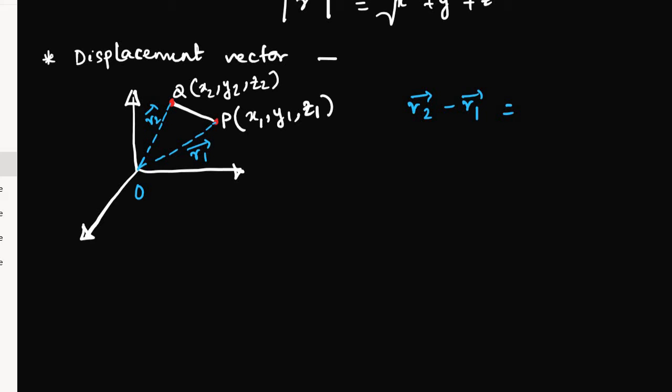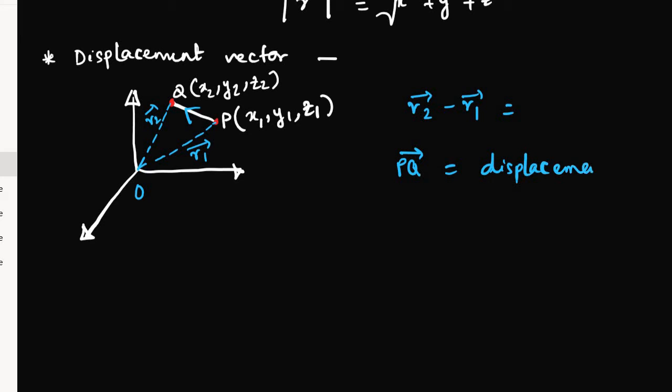When I am subtracting vectors, you must understand vector addition and subtraction rules will apply here. So if R1 and R2 are the position vectors of P and Q, then PQ will be the displacement vector along the direction of motion. Okay, PQ is the displacement vector.